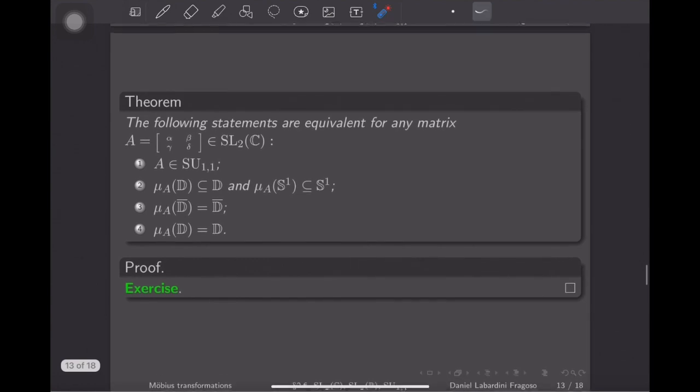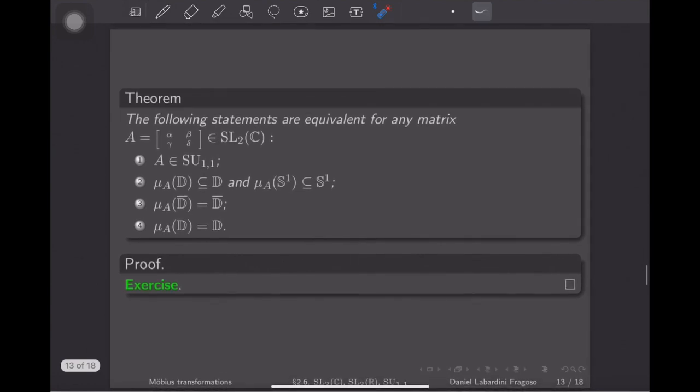Right, and so one arrives at a similar characterization now of those 2 by 2 complex matrices with determinant 1 whose Möbius transformation leaves the disk bijectively invariant. Those are precisely the matrices in SU11. I leave the proof as an exercise.